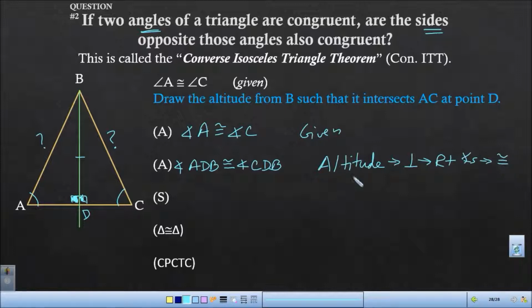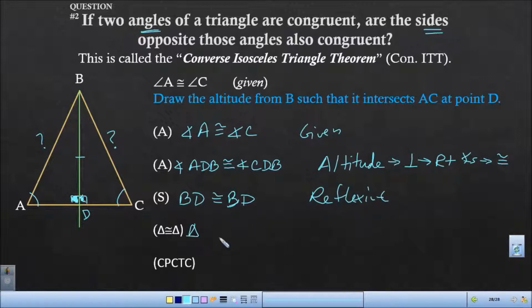So I just say because of the altitude. Altitudes create perpendicularity, which creates right angles, which creates congruence. So ADB is congruent to CDB. Now the sides are BD congruent to BD by the reflexive property.